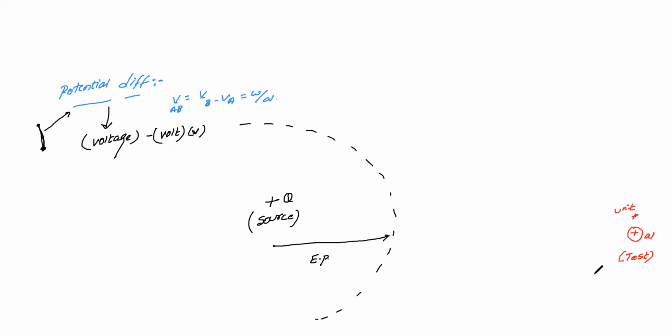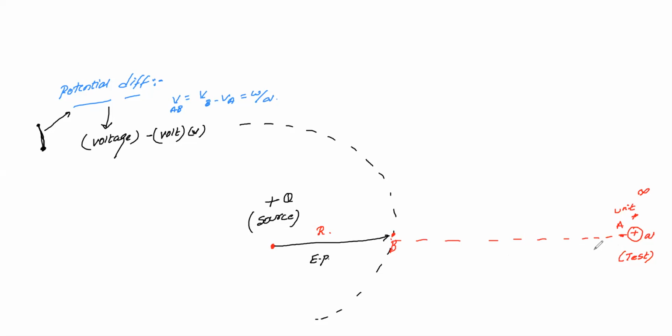Now I have to bring this positive charge from infinity to the point B in the electric field, at a distance I'll take as R. I have to do some work to shift this positive charge from infinity to point B. I'll take the starting point as point A.